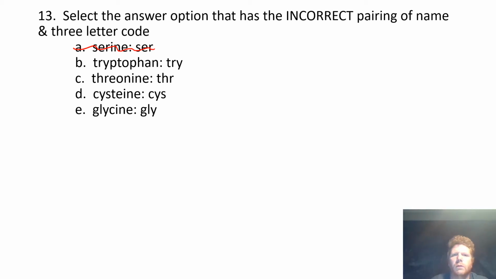Tryptophan, ultimately this is our answer that we want to select, so I'm going to skip that. Threonine, that is the correct three-letter code. Cysteine, CYS, is correct. Glycine, GLY, is correct. So ultimately we're left with tryptophan, TRY. Well, tryptophan is TRP, so not TRY. So answer option B is the correct answer there.